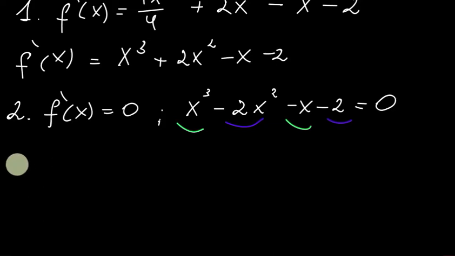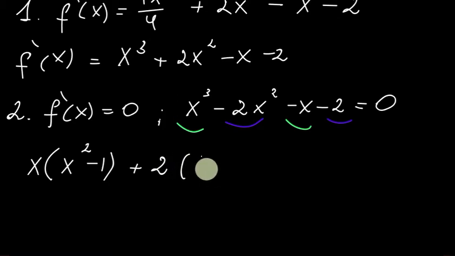Once we do that, we get x times x squared minus 1, plus 2 times x squared minus 1.